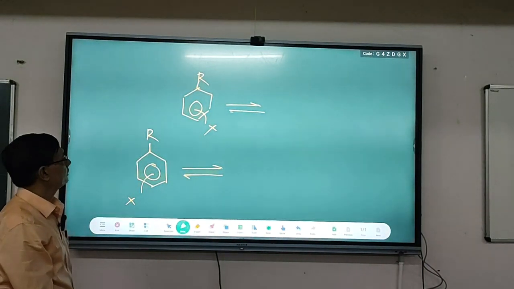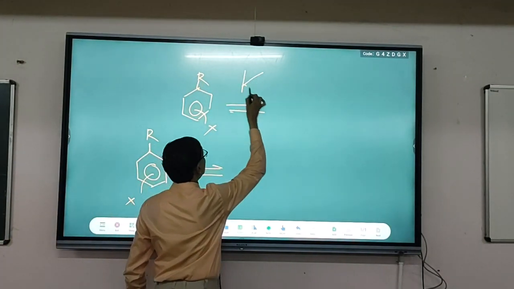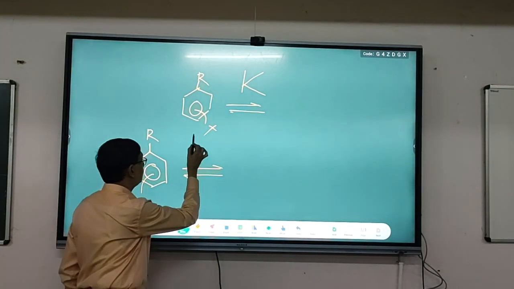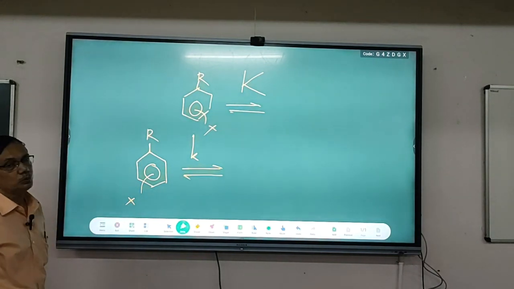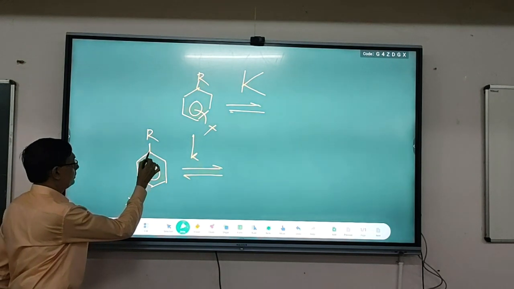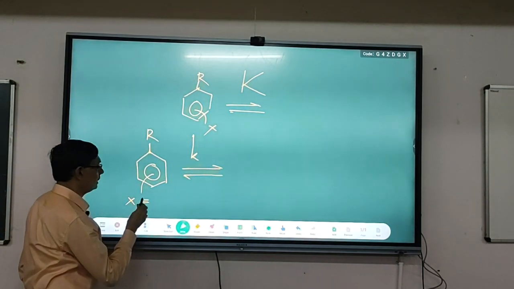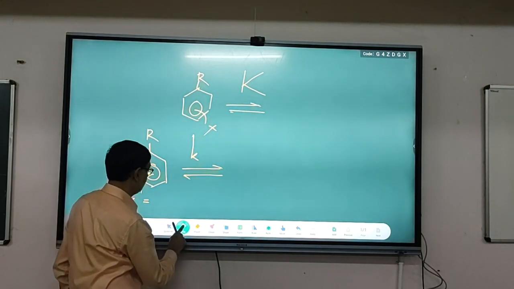One thing is that in first case I would like to study the equilibrium, capital K, and second is the rate constant, number one. Number two, that this is center and this is substituents, and again there is a limitation. What is that limitation?